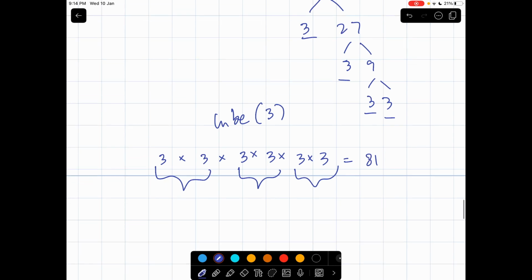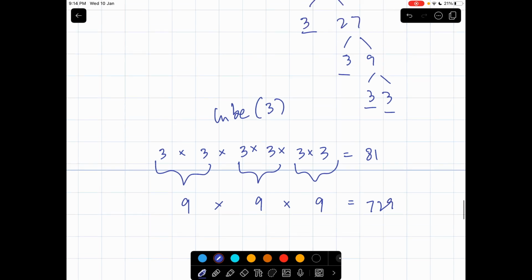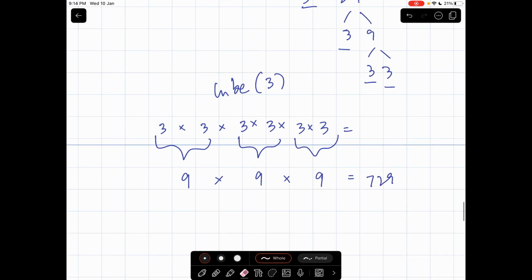All right. So here you have 9 times 9 times 9, which is 729. Oh man, I made a mistake. This is not 81. Sorry, I kind of forgot that we were doing 729 and I just stuck with 81. Sorry. There's a redo here. It's 729. Alright. Pardon my mistake there.